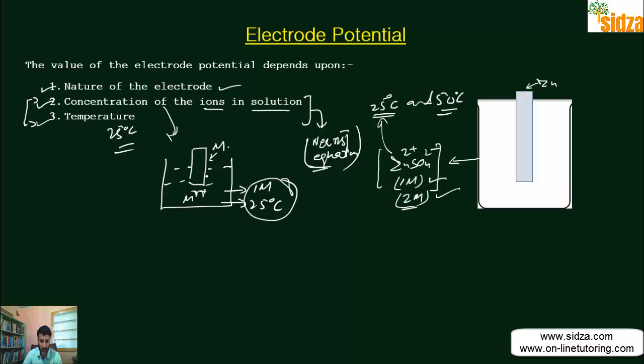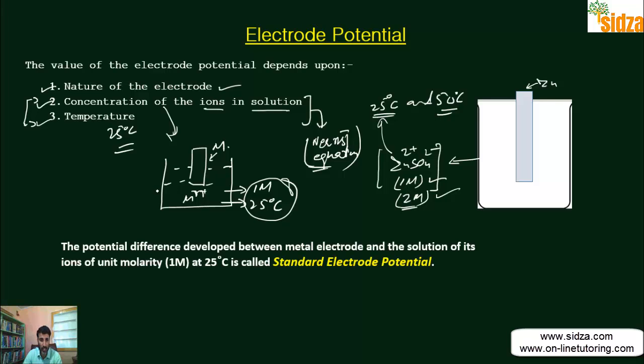Under this condition, the electrode potential of the electrode will be called the standard electrode potential. So standard electrode potential is the electrode potential of an electrode under the standard conditions, meaning 1 molar concentration and a temperature of 25 degrees Celsius.